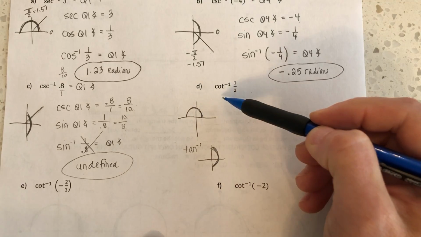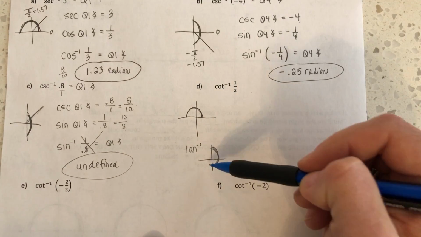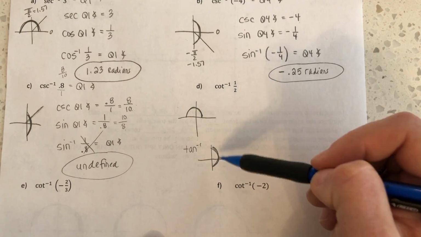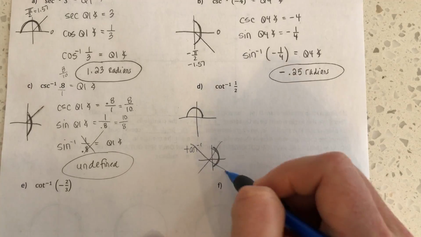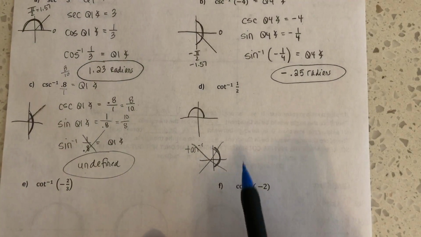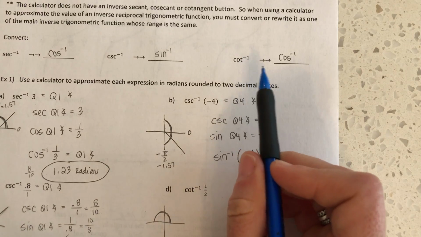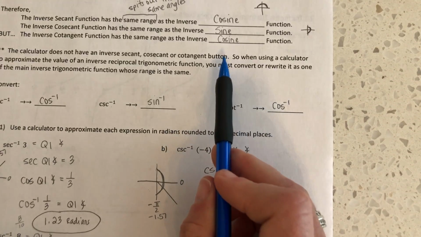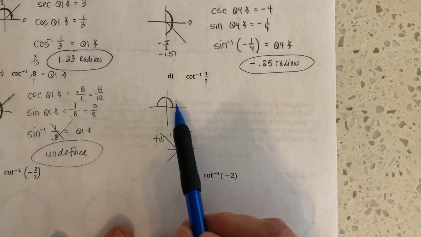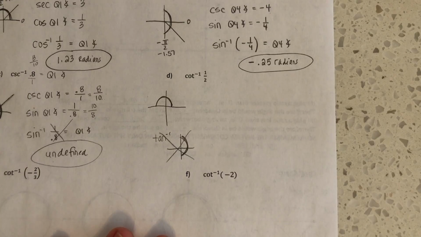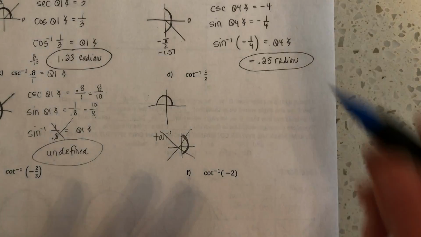Therefore, you can't turn inverse cotangents into inverse tangents because they don't spit out the same angles. So they can't become inverse tangent problems. You're going to have to turn inverse cotangent problems into inverse cosine problems because they spit out the exact same angles. They both spit out angles between 0 and pi, quadrant 1 and quadrant 2 angles. All right, but let's go with this.